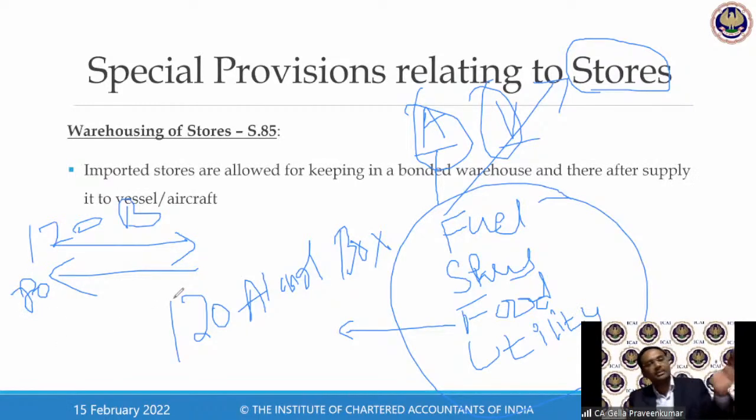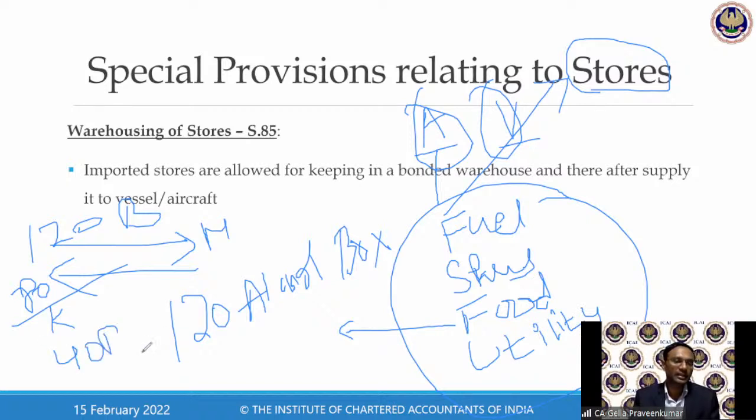A ship has come to Mumbai for unloading, and from Mumbai it is going back to, say, Kazakhstan after unloading. Now what happened in between to these 40 boxes? Can they say, sir, these 40 boxes were consumed on my ship?